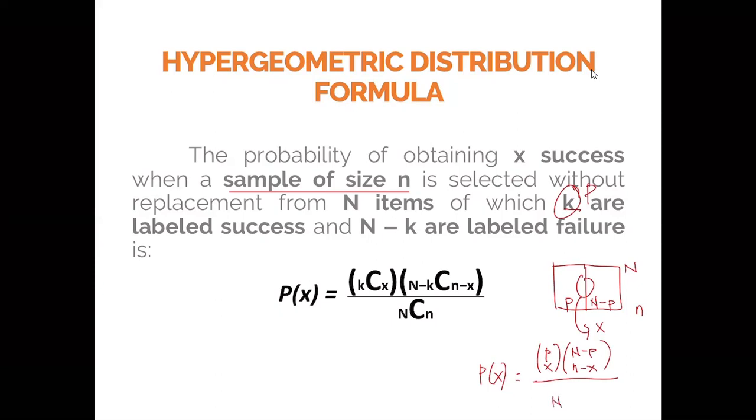So, N taken n. Itong formula to is also the same as this one. Ang ibig sabihin lang niyan is probability ng PCx multiplied by N minus P C n minus x all over N C n. Mas madali lang siyang i-notate na ganito yung form niya, pero yung calculation niya is applying combination pa din.